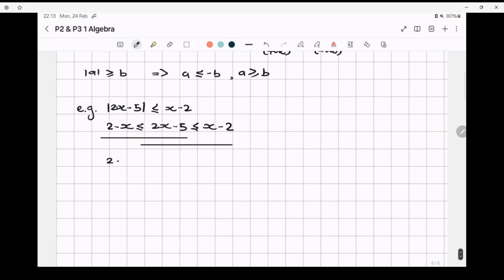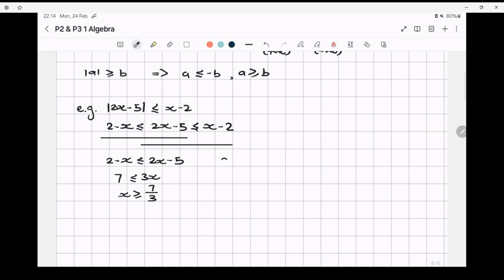So you have 2 minus x smaller or equals to 2x minus 5. Then I move the x to the right hand side, the number to the left hand side. So I have 7 smaller or equals to 3x, or x is greater or equals to 7 divided by 3. So that's the first one.